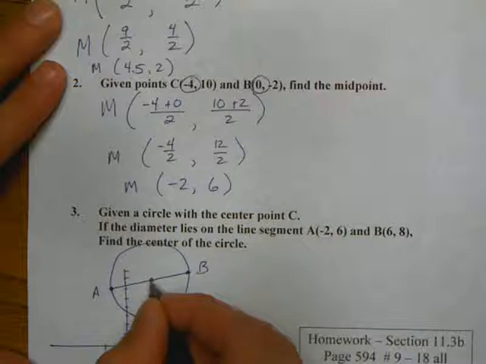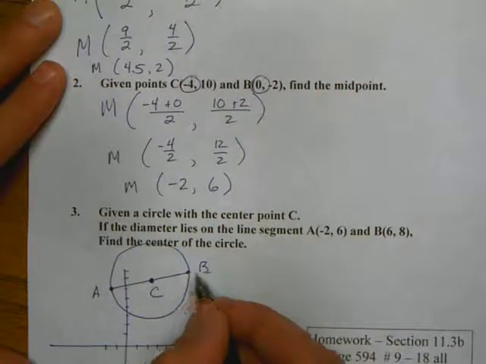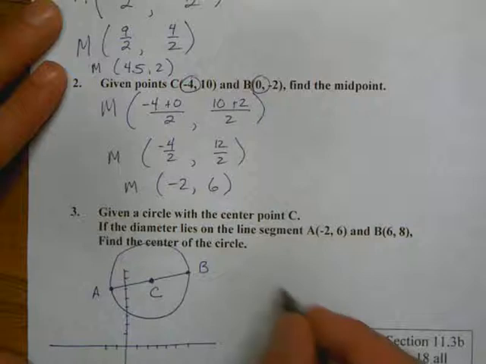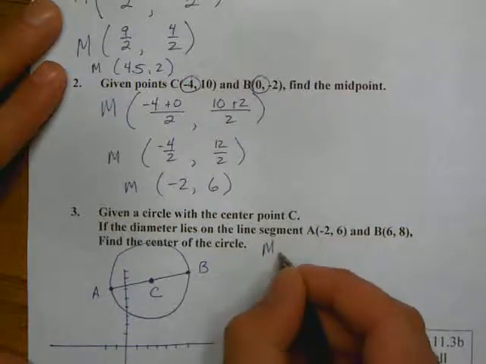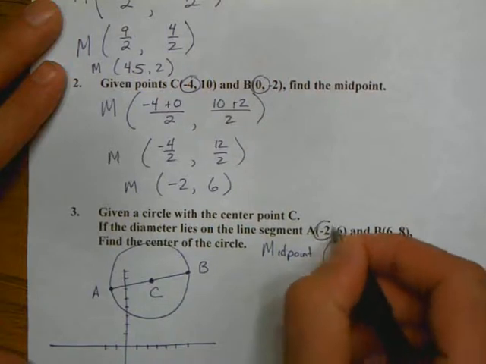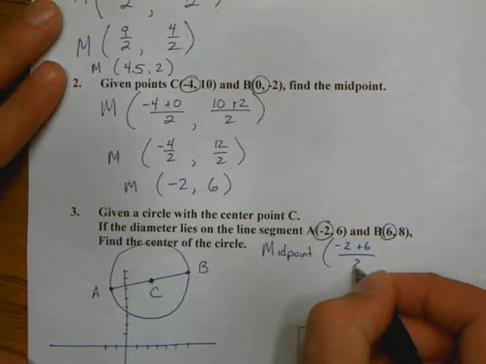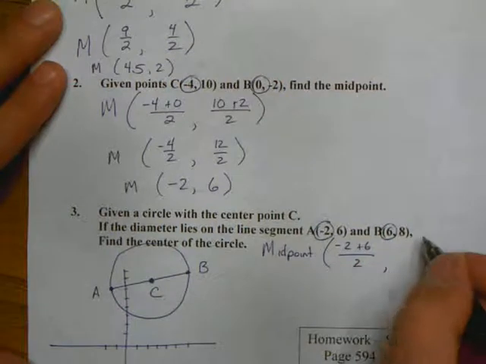The premise would be these 2 points create a diameter of a circle, and we would like to find the center of the circle. Well, I hope you realize that the center of a circle is the midpoint of the diameter. So with that idea, what we're going to do is we're going to find the midpoint.